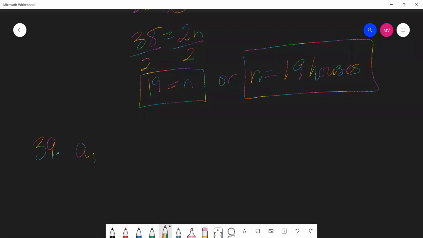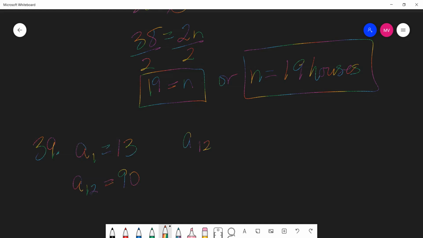So A1 is what? 13. And they tell us that A12 is 90. So using what we know, we could set up the formula A12.